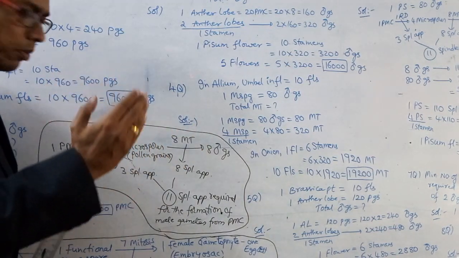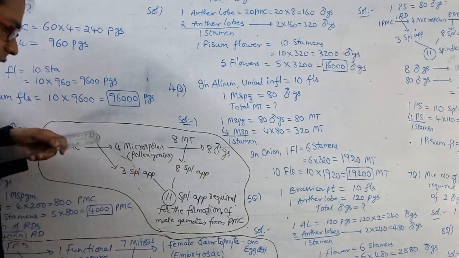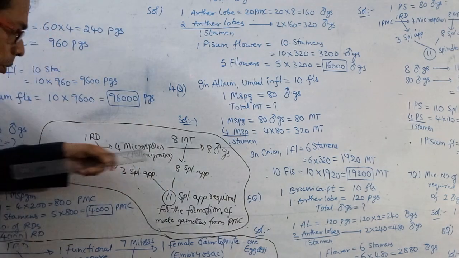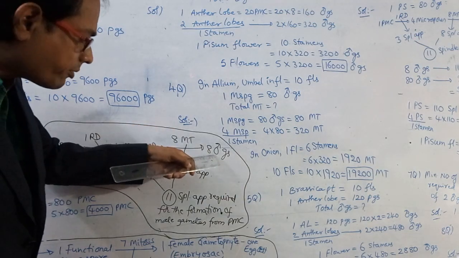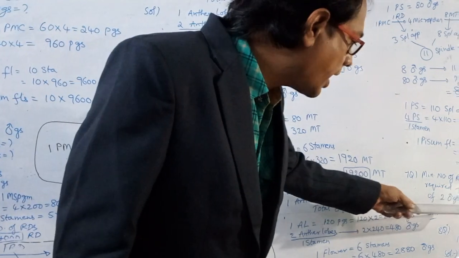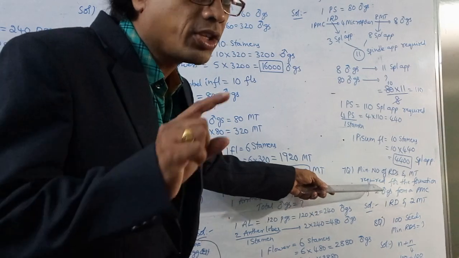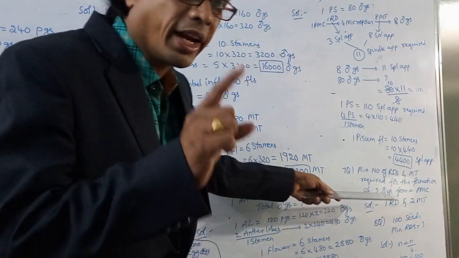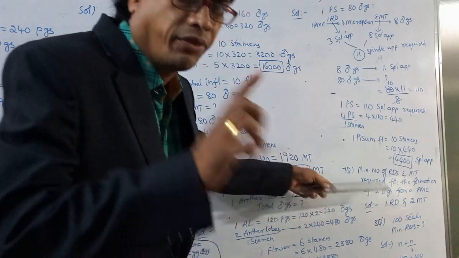It may be 1 male gamete or 2 male gametes or 3 up to 8. How many reduction divisions are required? 1. How many mitosis are required? 8. So number of male gametes is equal to number of mitosis. Here in this question, how many male gametes are given? 2 male gametes are given. So how many mitosis are required? 2. How many reduction divisions required? 1. So RD means reduction division.